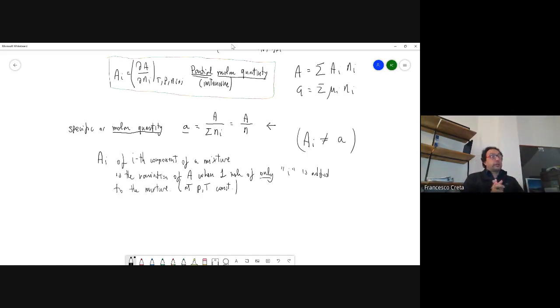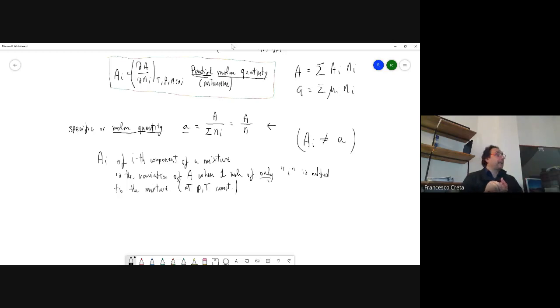Partial molar quantities are: I take this mixture of hydrogen, oxygen, and water, and I will be adding just 1 mole of hydrogen to the mixture. Now, there is a specific difference here, and we're going to figure this out, because essentially there is going to be the so-called mixing problem.